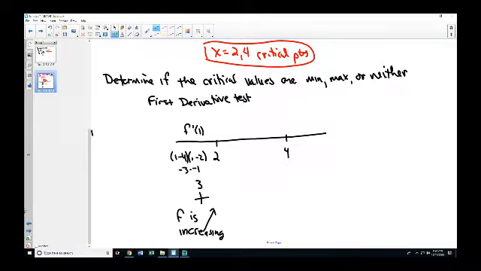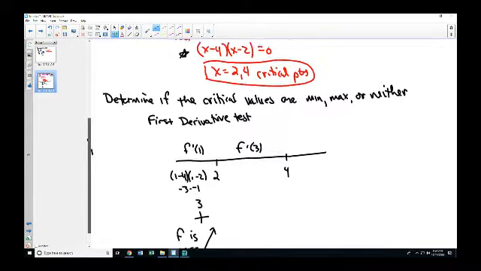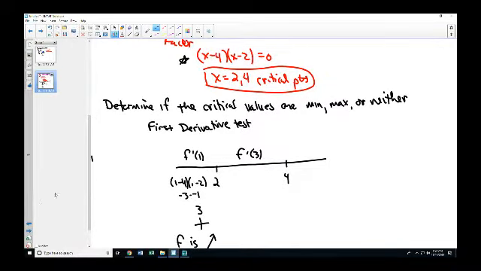Okay, what about f prime at 3? Three minus 4 is negative, and 3 minus 2 is positive, so we get a negative. Down to the right, f is decreasing, right?